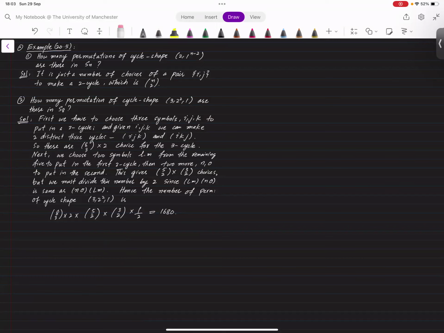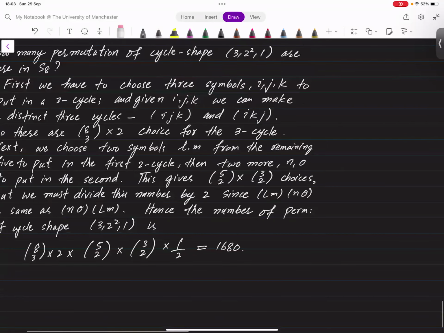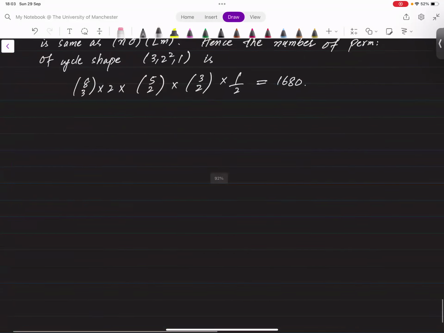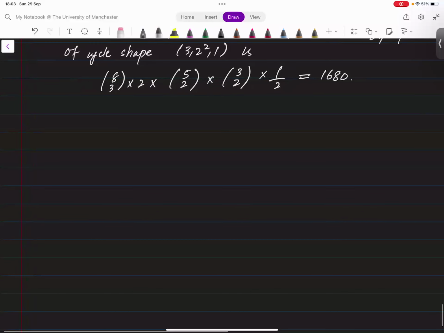Now we will talk about the order of a permutation, or you can say repeating a permutation. So the topic is the order of a permutation.